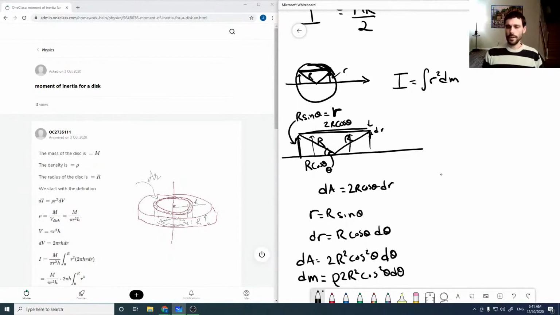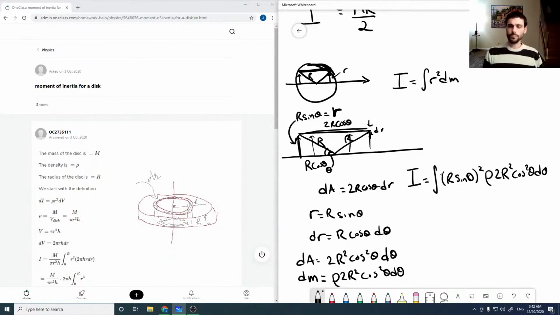Now plugging in these values for our moment of inertia expression, right, so now r squared, so integral of r sine theta squared, and then our dm, which is now rho 2r squared cos squared theta d theta. And now our integration limits.